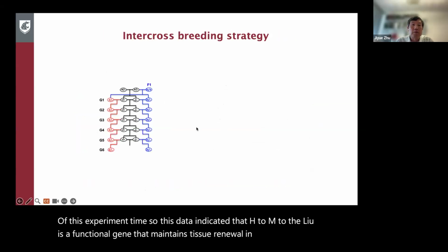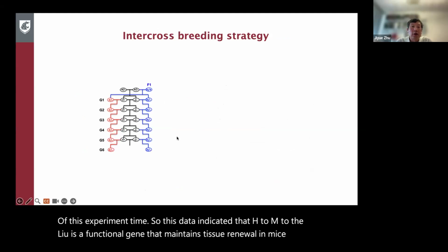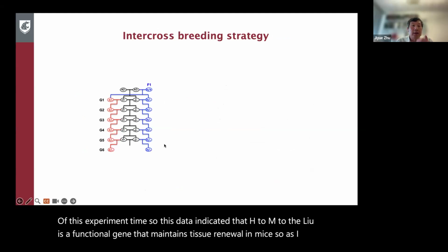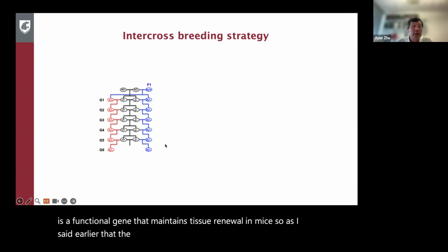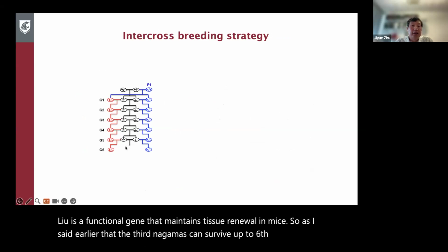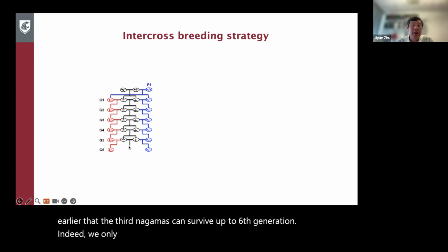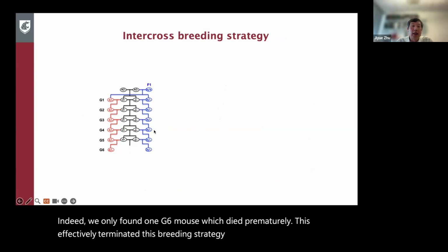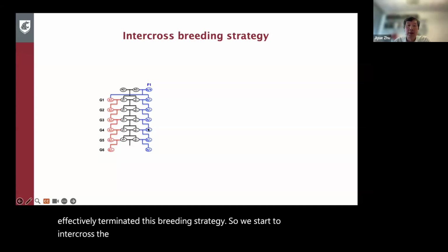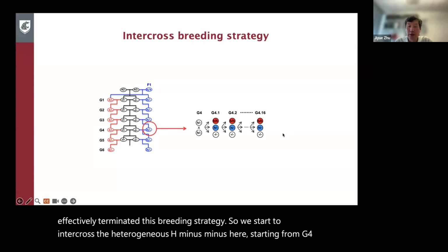As I said earlier, the Terc knockout mice can survive up to 6 generations, and indeed, we only found one G6 mouse, which died prematurely. This effectively terminated this breeding strategy. So we started to intercross the heterozygous H minus mice, starting from G4 mice, for 16 generations.